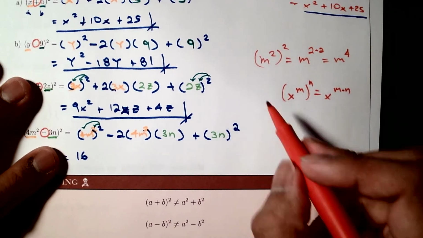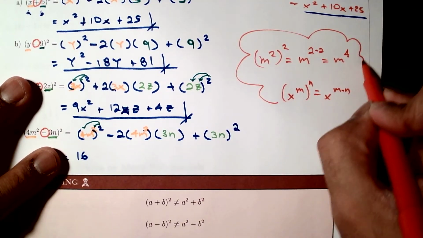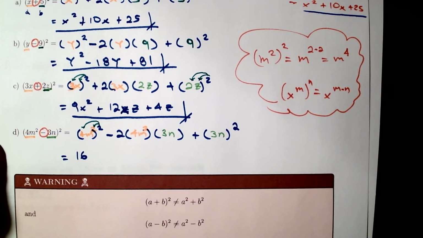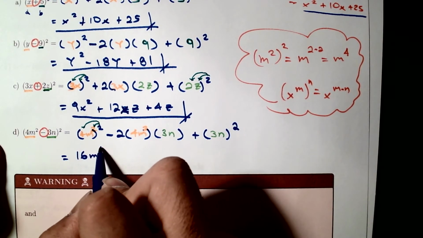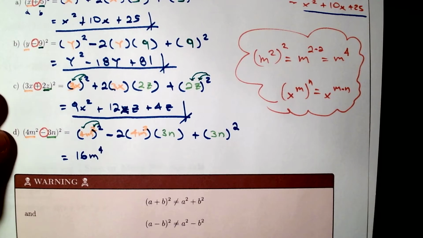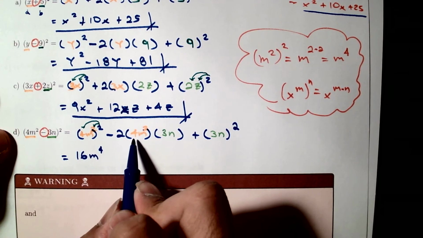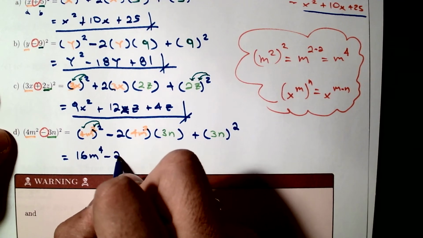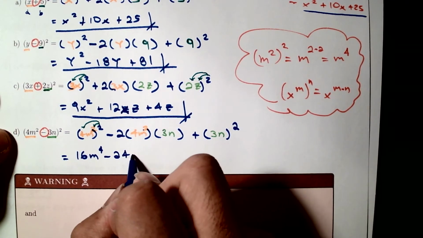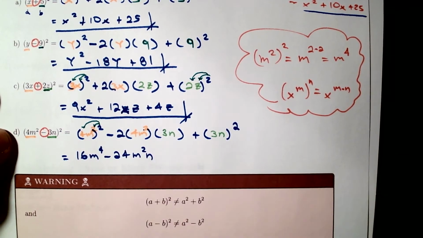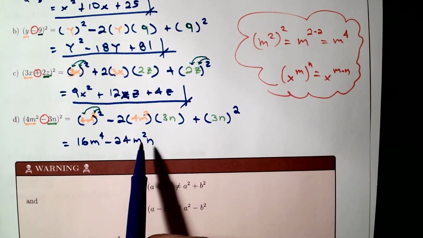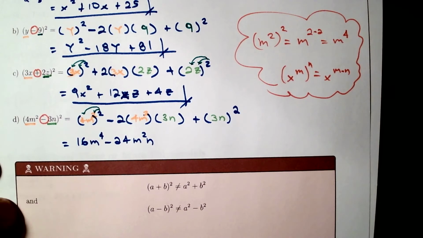We multiply the powers. So what are we going to have here? Well, m to the 4th power. Then 2 times 4, which is 8. 8 times 3 equals 24. And then m squared times n. In this case, we don't add any powers because the letters are different. One is m, the other one is n.